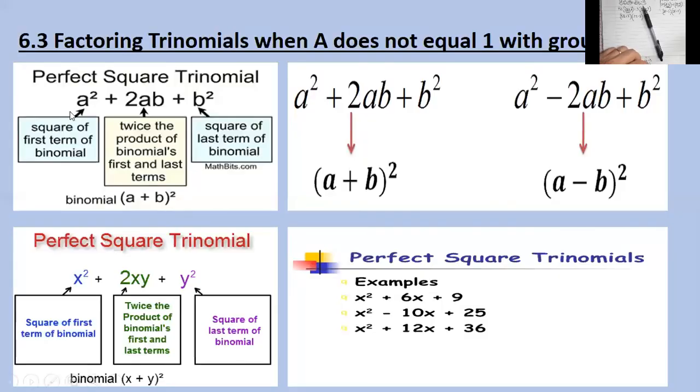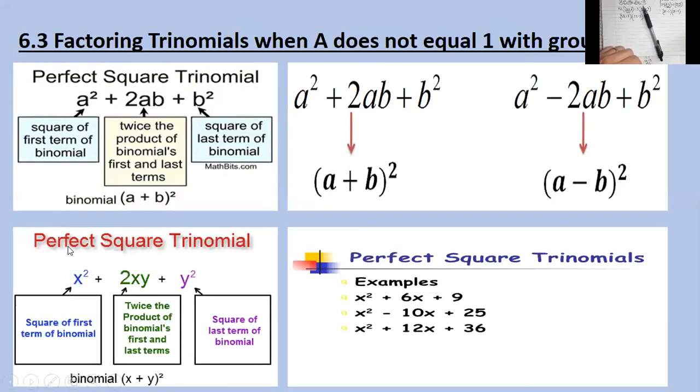What you'll notice is if the first number and the last number are perfect squares, and you take the square root of those numbers and multiply it by 2, it should give you the middle number. We'll do examples of what we're talking about.